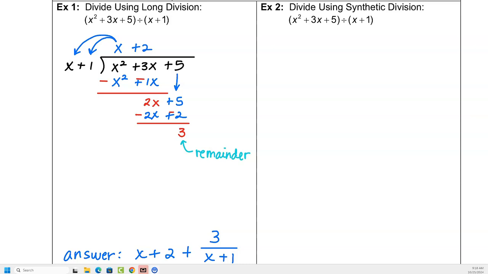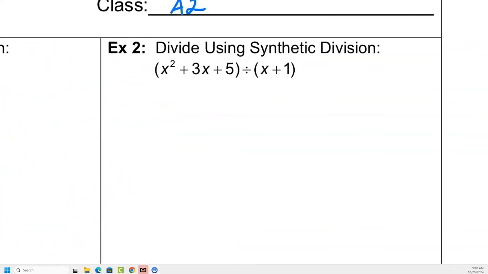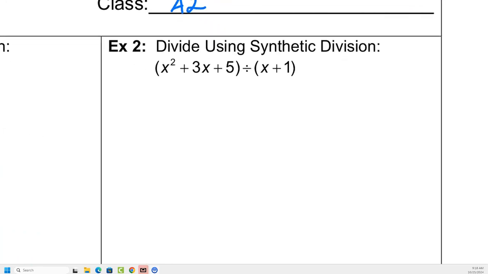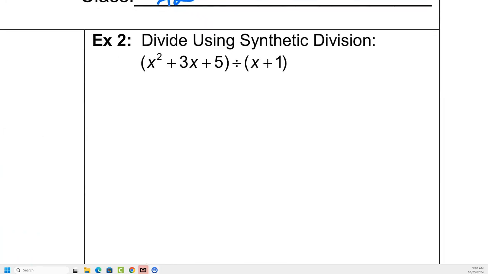Now, let's do synthetic division. I'm going to walk through the steps. Example 2 will be your first experience with it. Let me focus over here. What you do is you put a backwards L right here. I'll call it the window. What goes there?